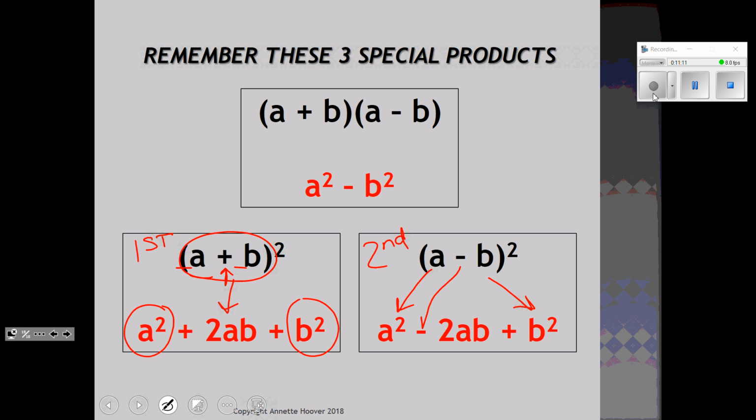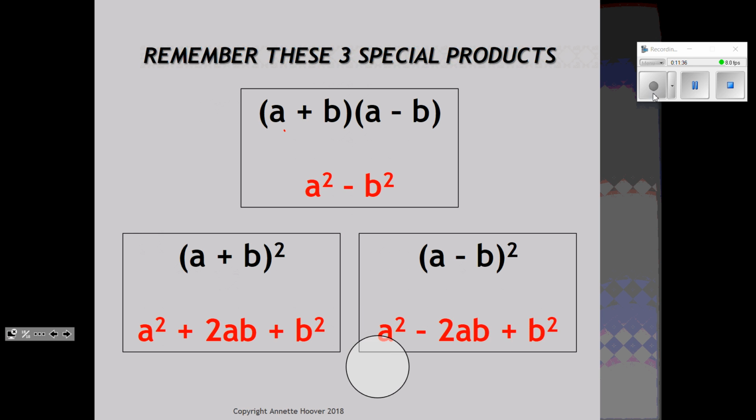This is going to be subtraction because you're going to multiply the numbers together and double it. This was the third one that we learned. The center terms BA and negative BA are going to cancel each other out. So you just square the first term, square the second term, and it's going to be the difference of two perfect squares. Hope this helps you to do your assignment today. As you practice these, try to learn the shortcuts to make it go faster.